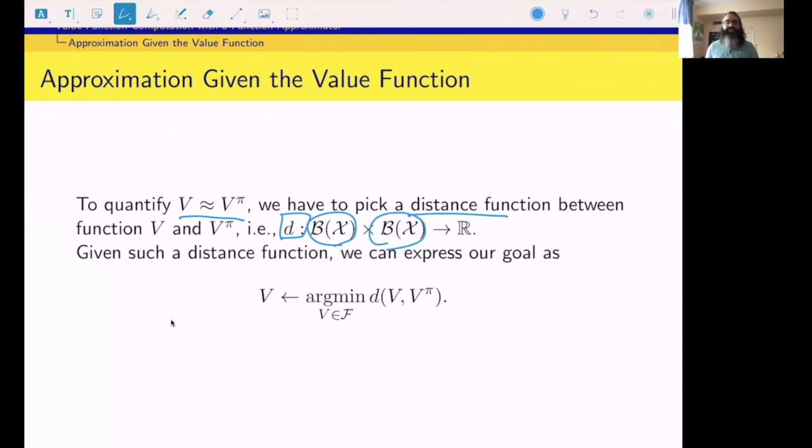And then given such a distance function, we can try to find a function that minimizes it. So we can write our objective as minimizing over all value functions in that F, such that the distance between V and V pi is minimal.